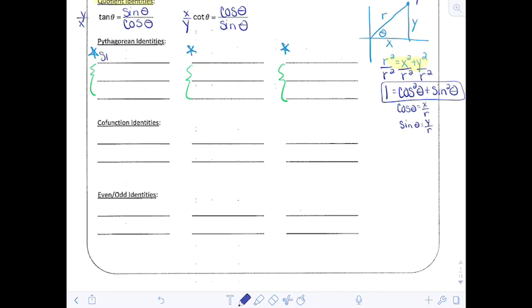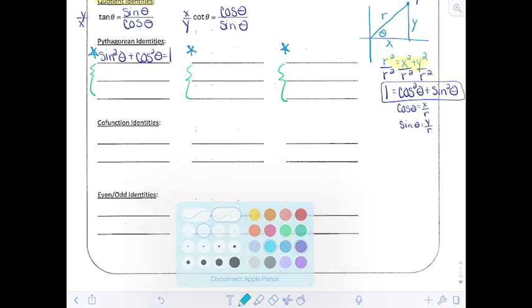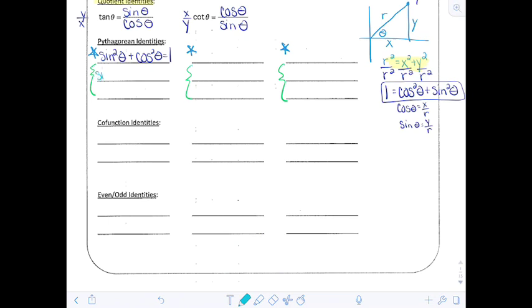Now, it's typically written like this: sine squared theta plus cos squared theta is equal to 1. That's our first Pythagorean identity. So the two beneath it are simply solving for sine squared and cos squared. So I can then say that sine squared theta would equal 1 minus cos squared.